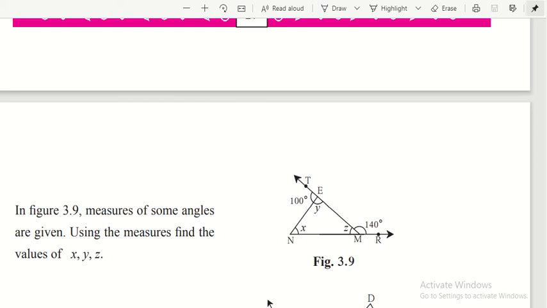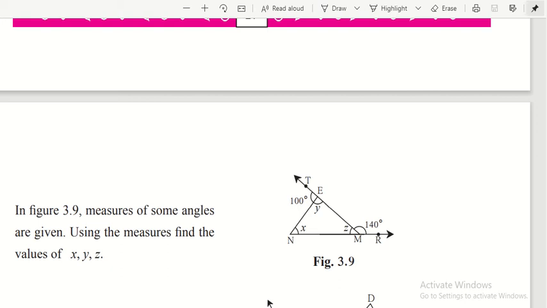So by that we can get the value of y, that is 80 degree. Now likewise here also, angle z, that is angle EMN plus angle EMR is 180 degree, linear pair. So from 180 we will subtract 140 to get z. So this is 40 degree.